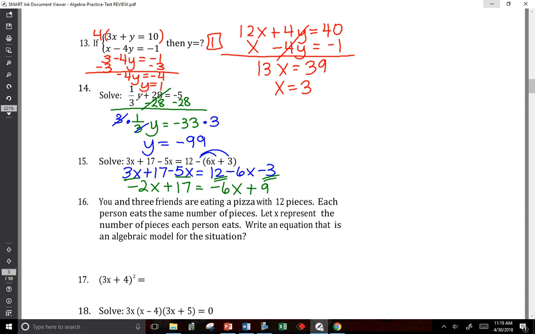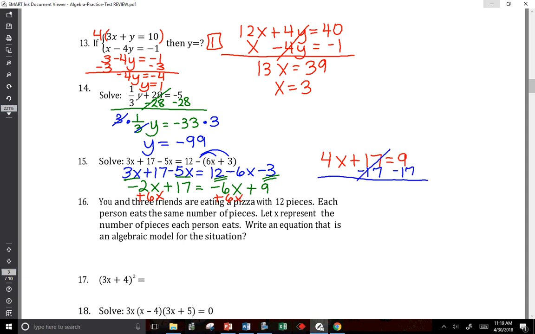Is it -8, guys? Okay. And then divide both sides by 4. So x equals -2. Are we all good with 15 before we move on to 16?